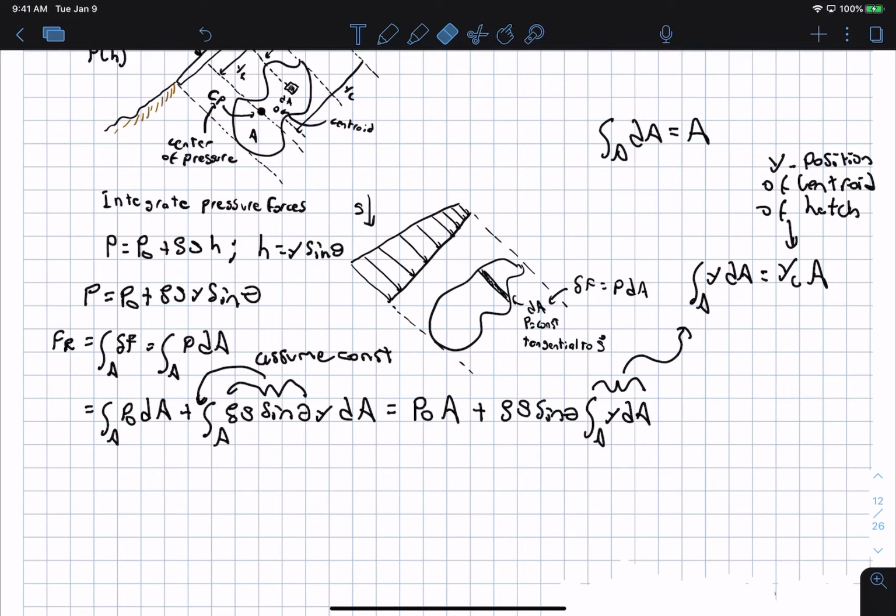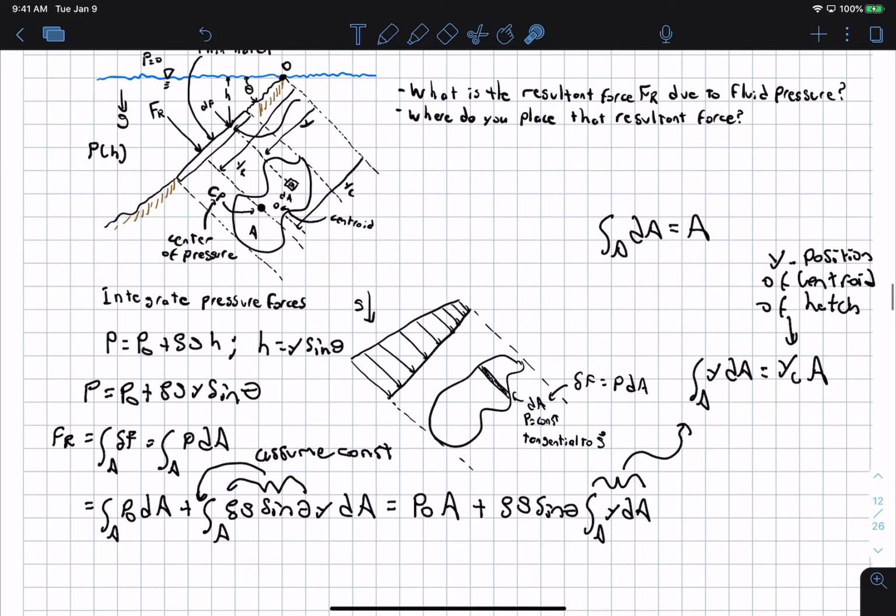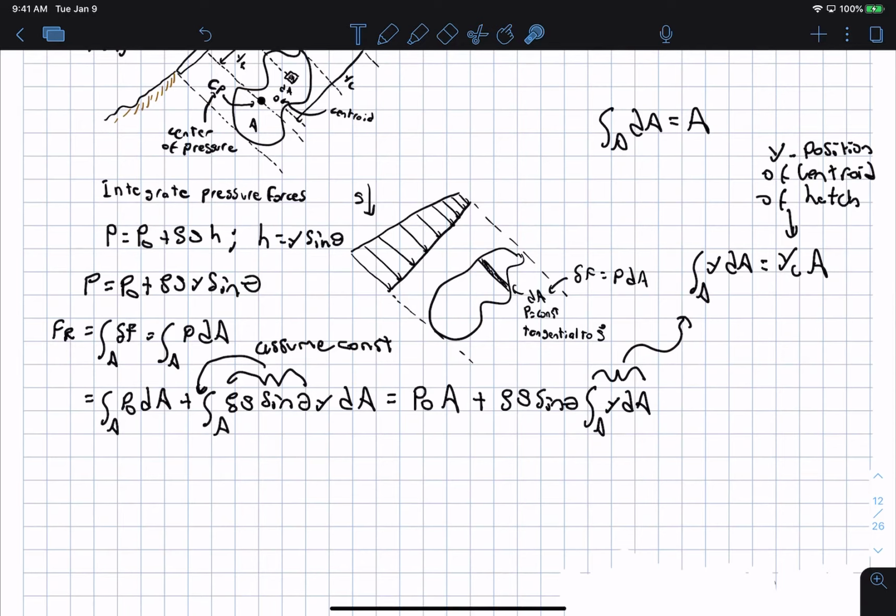Okay? So basically, say if the centroid of this object is here, basically yc is just the distance along the surface to the centroid. So basically yc would be here if this point is the centroid. Okay? So then this equals P naught times the area plus rho g yc sine theta times the area.